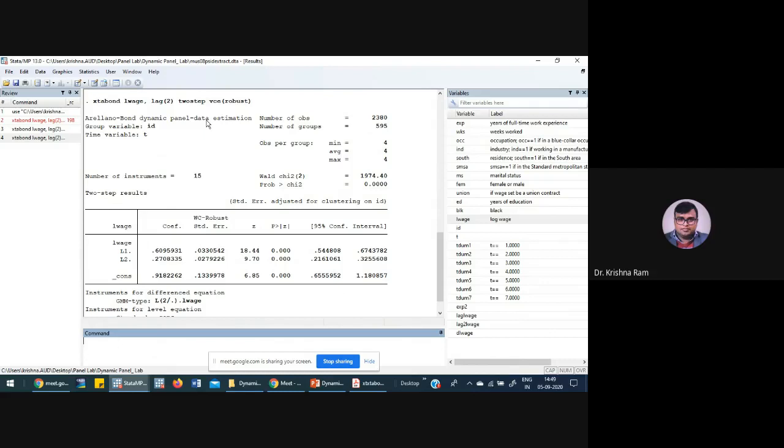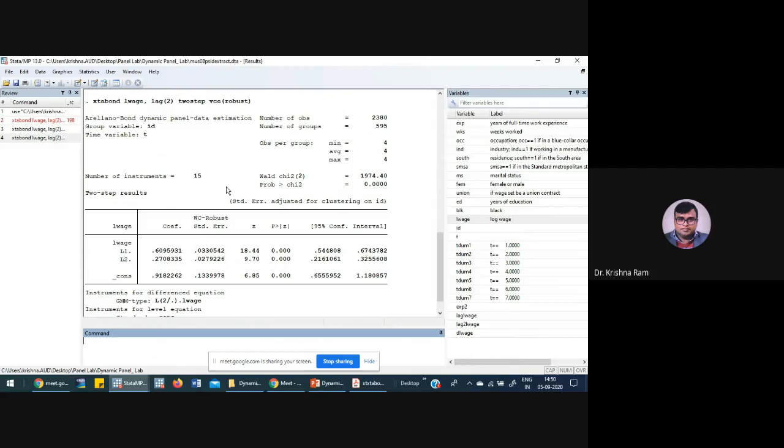As much as I know, a two-step estimator uses the residuals estimated from the one-step estimator. How this is used, that I do not know.